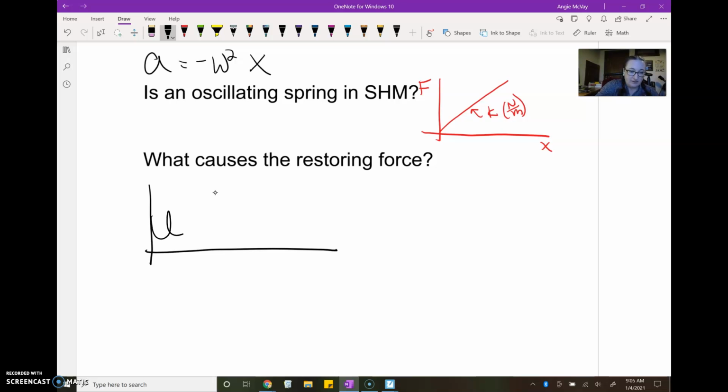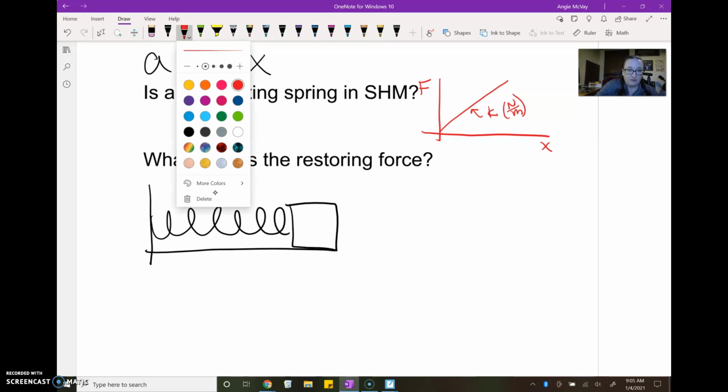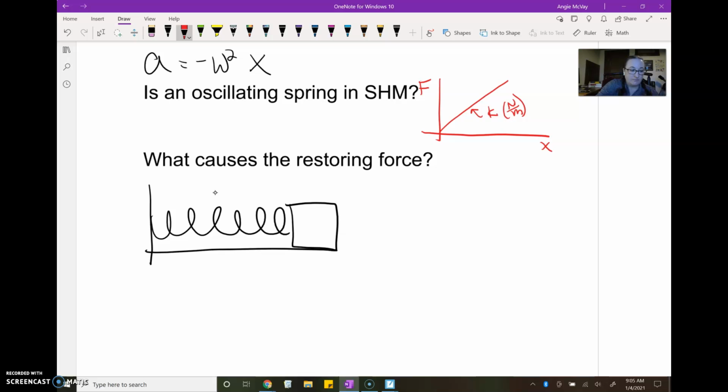So let's say that we have a spring that's attached to a block. That spring, no matter what, will always be pulling the block back towards an equilibrium point.